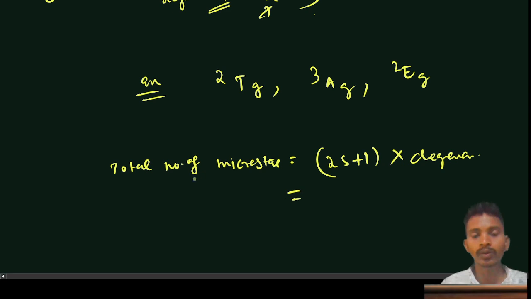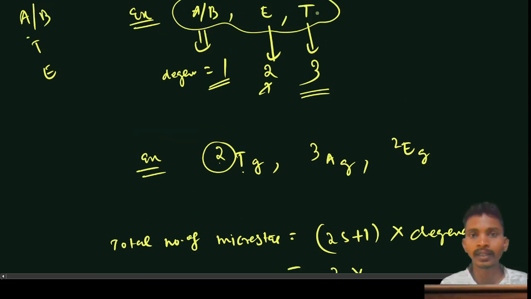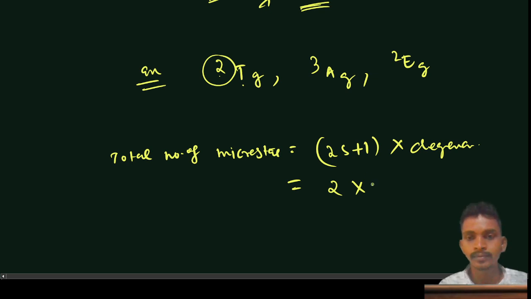Here 2S plus 1 value is given to you, 3, into degeneracy. For T, degeneracy is 3, so we will use 3 into 3, that is equal to 9.